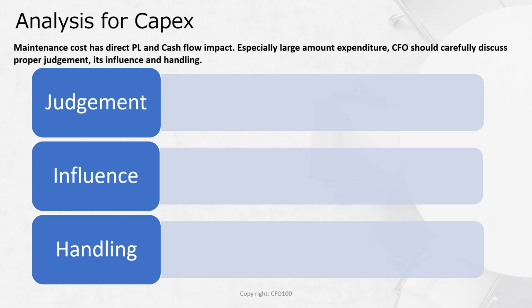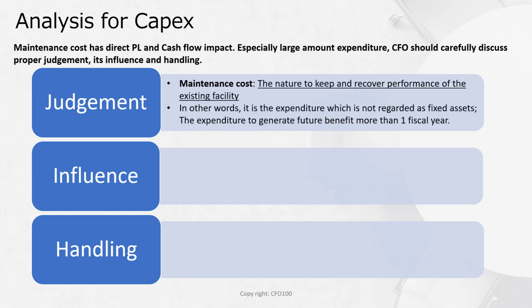Firstly, for judgment, you need to understand the definition of maintenance cost once again. It has a nature to keep and recover the performance of the existing business and the facilities. It means that it is not generating a new function and a new benefit.